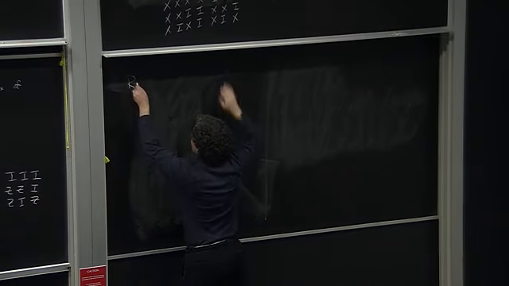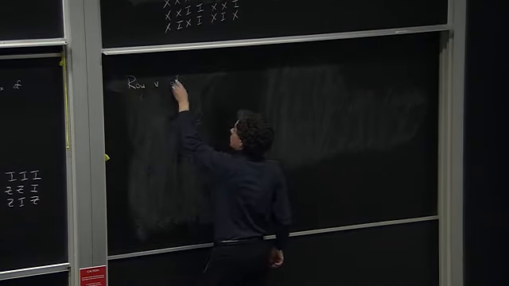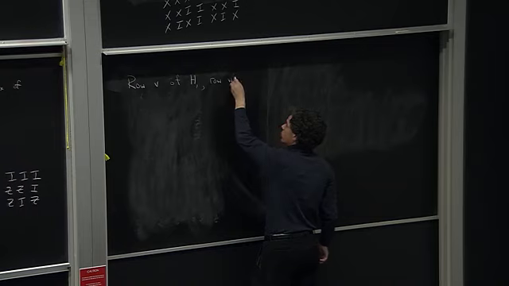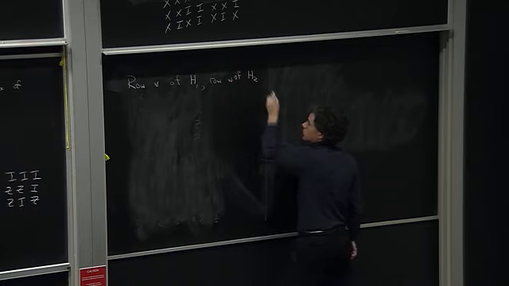So we have some row V of H1 and row W of H2.